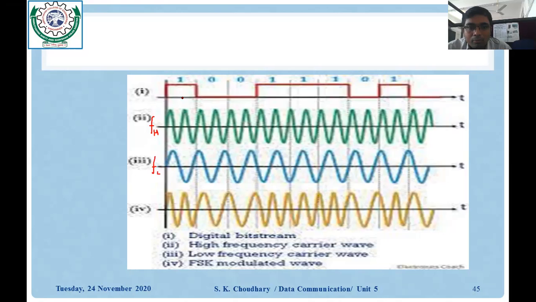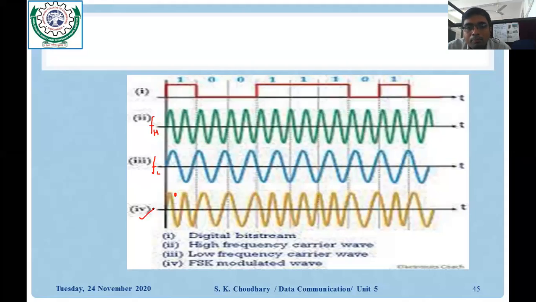Okay. So according to binary 1, what happens? It will follow the frequency of FH. So this is your PH here. And when it is binary 0, it would follow this FL frequency. So PL is available there. So you can see here the FSK modulated signal, the last one.